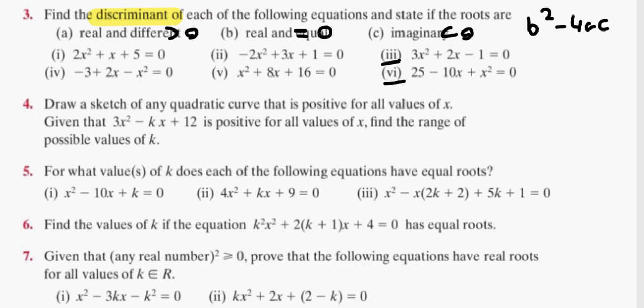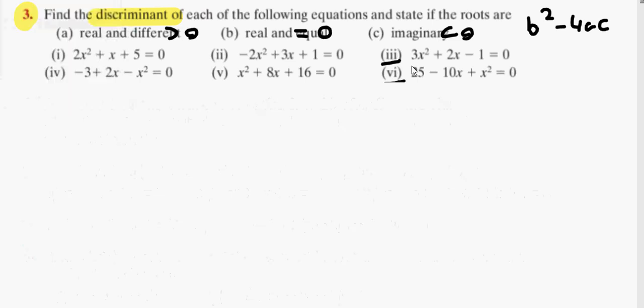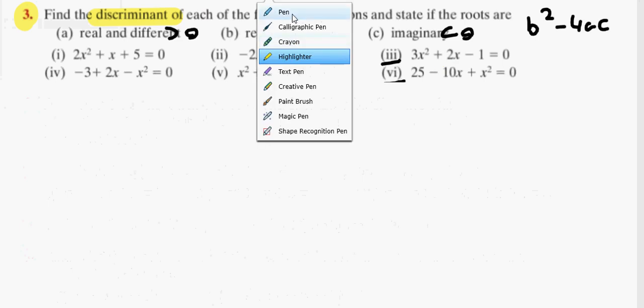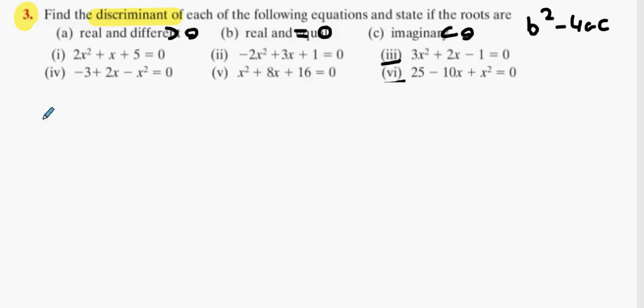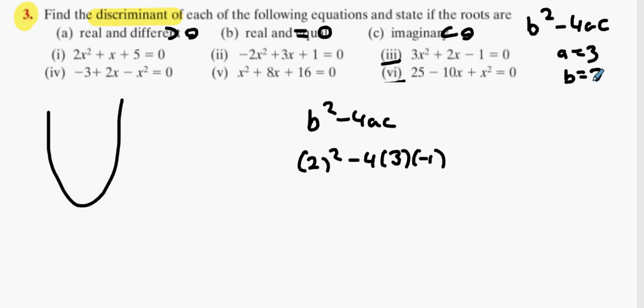Okay? Very easy. First of all, is part 3 a U-shaper or an N-shaper? It would be a U-shaper, wouldn't it? Okay, great. Now let's do b squared minus 4ac to see whether it has real roots, imaginary roots, or whatever. Okay, so b squared is going to be 2 squared, 4ac is going to be 4 times 3 times minus 1. Remember, the a value is 3, the b value is 2, the c value is minus 1.